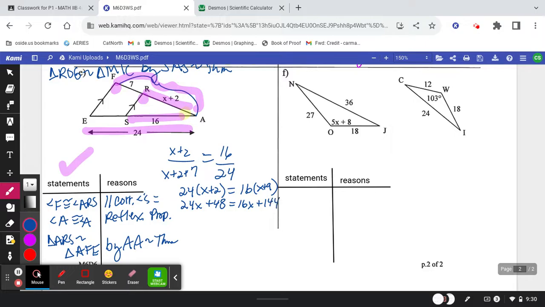What is that, 144? Somebody check me on that. All right, 24 minus 16. And then subtract 48 to the other side. All right, let's grab a calculator here.